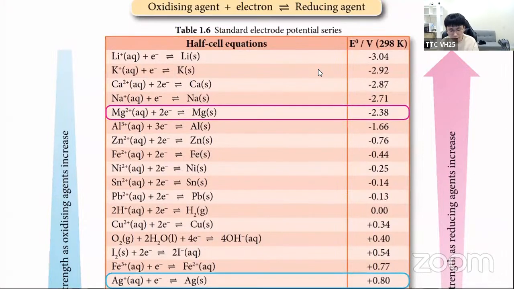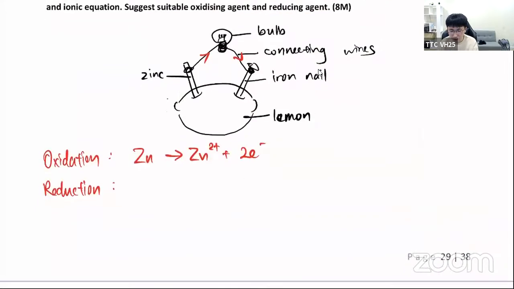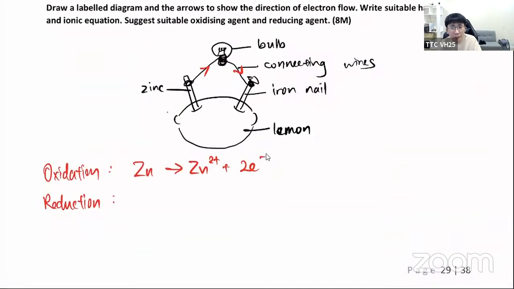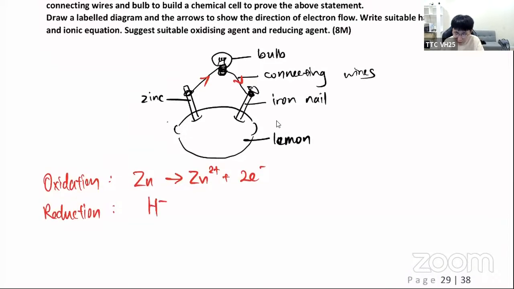Okay, so from here, we come back to here. Supposed to give the electron to the lemon. So as I said, lemon is acid. What is the ion that all acid got? All acid got H+. So this H+ will gain the electron to form H2. So balance the equation, you get this.